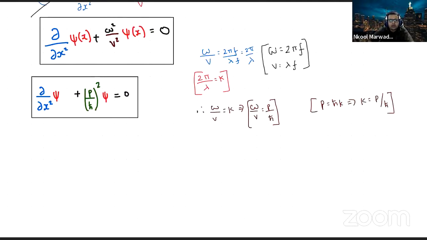Now we will try to analyze the energy. We know E is equal to half mv square plus u.